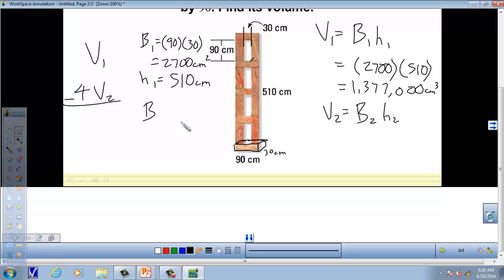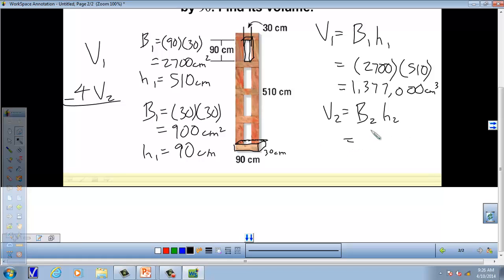So the base for one of these openings, which I'm just going to draw real quick as if it was 3D, would look something like that. It would be 30 by 30 would be the base. So 30 by 30 gives me 900 square centimeters. The height here is 90 centimeters.